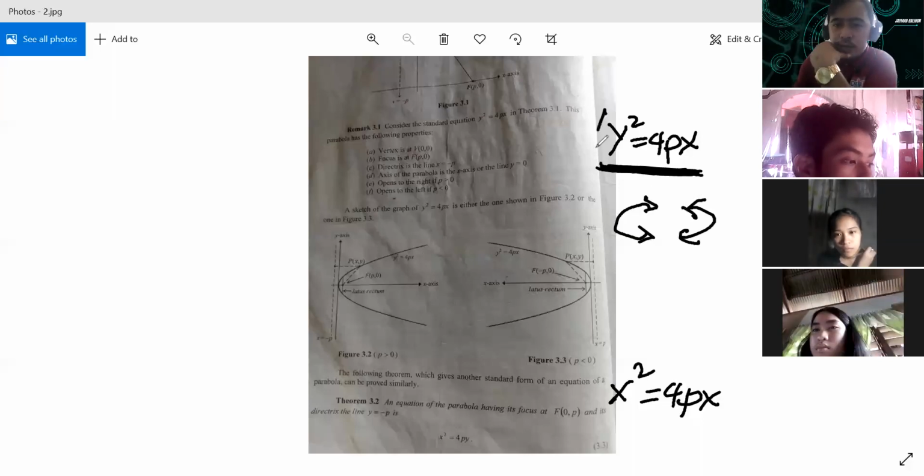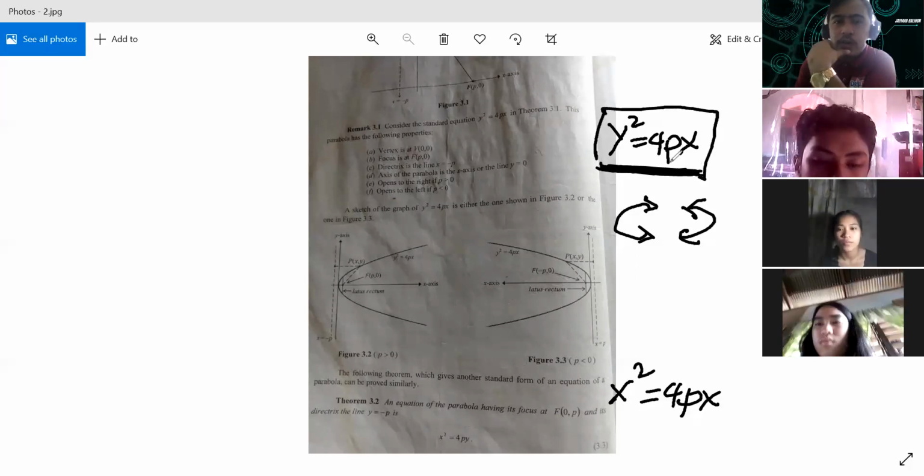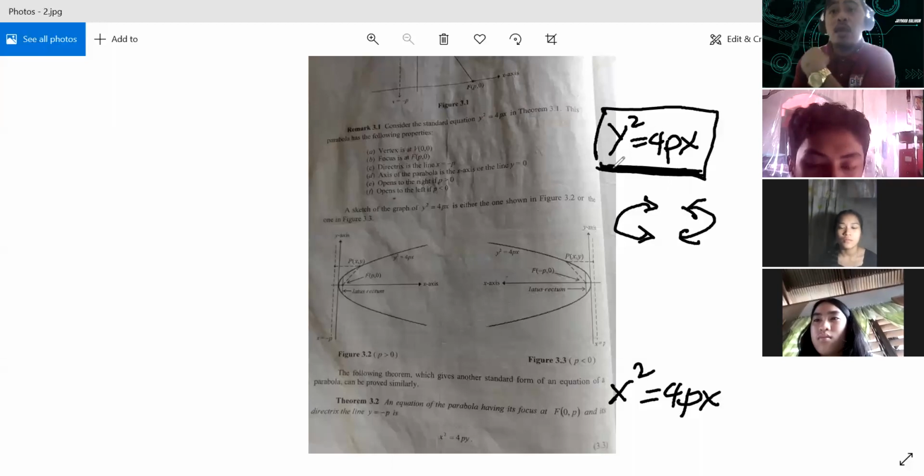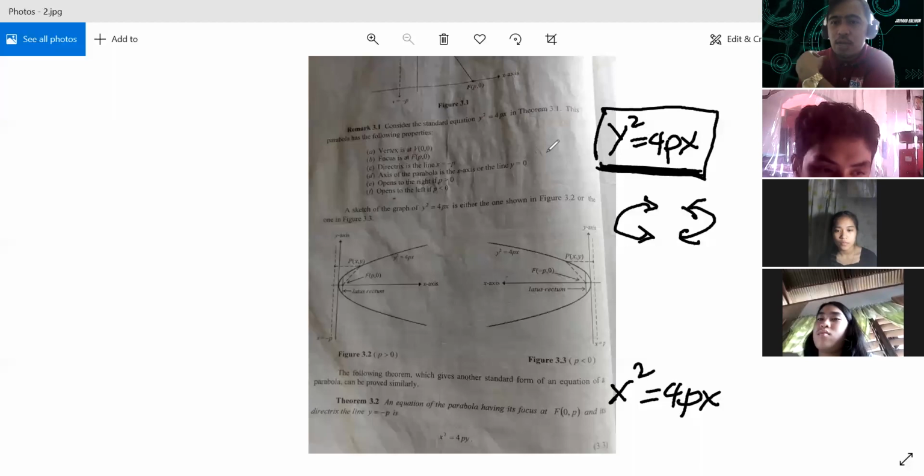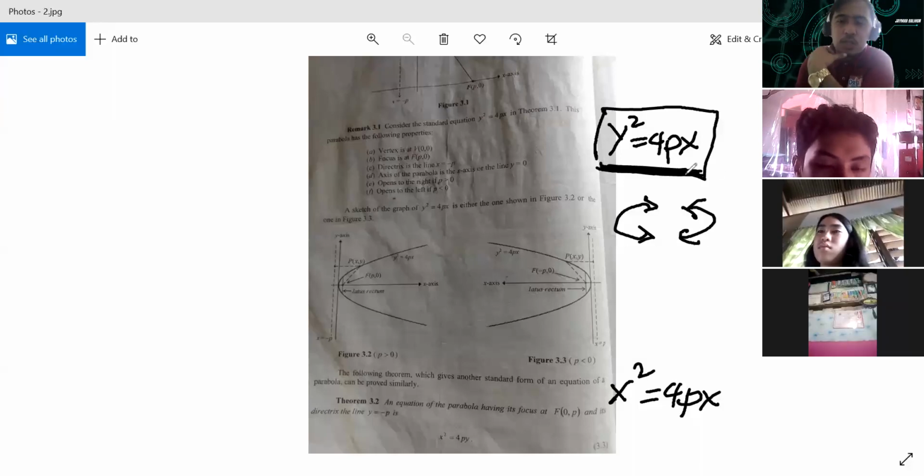If you have this form, class, the very first thing that you will be looking, if you are given with an equation, then you are asked to determine what is the direction of this parabola. So what you will be doing is you need to determine what is P. So it means if you are given with an equation of your parabola, you should rewrite that into this form.